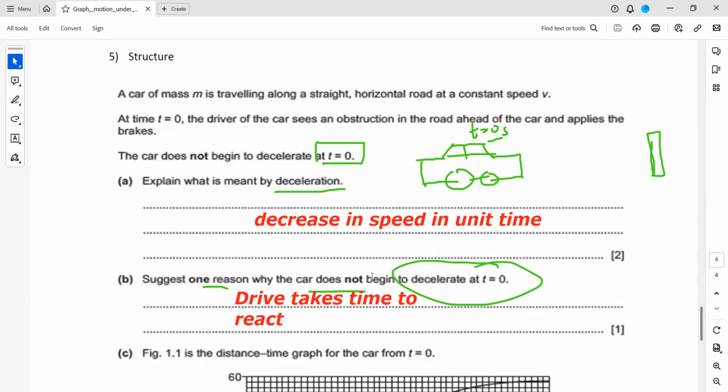That's why at time t equals 0, when he sees the obstruction on the road, the car will not decelerate. It will decelerate after some time when he applies the brake, because the car will continue to move for some time.